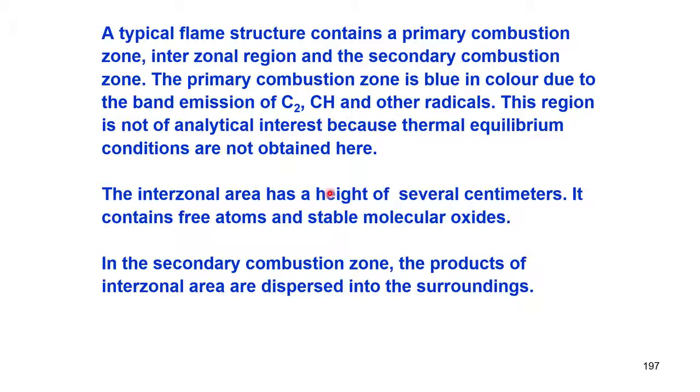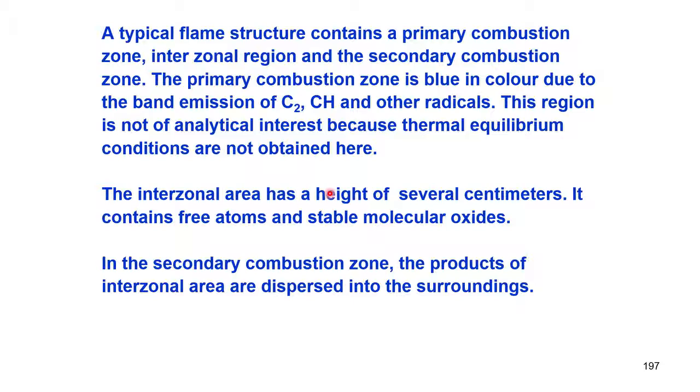and these two parts. The primary combustion zone is blue in color due to the band emission of C2, CH and other radicals. Here there is not much oxygen available for the acetylene gas to burn.